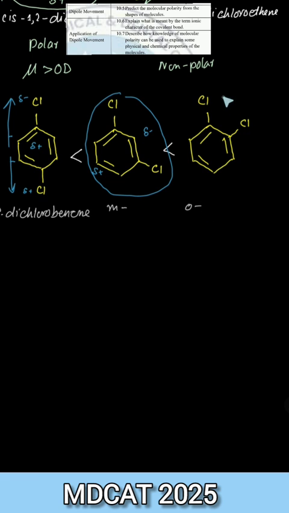In ortho, the negative charge is further separated to one side, so ortho-dichlorobenzene has the greatest dipole moment, and para-dichlorobenzene is almost nonpolar, with zero dipole moment because of its geometry and dipole vectors.